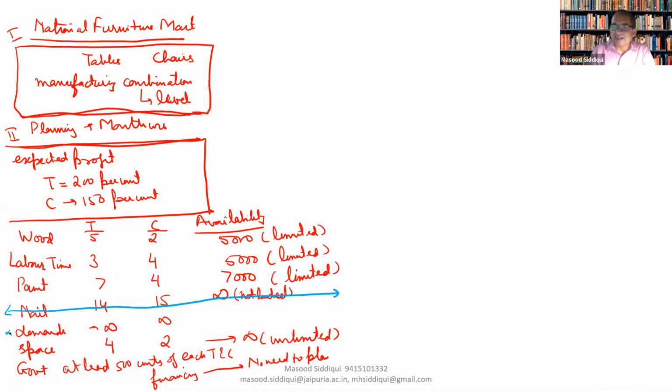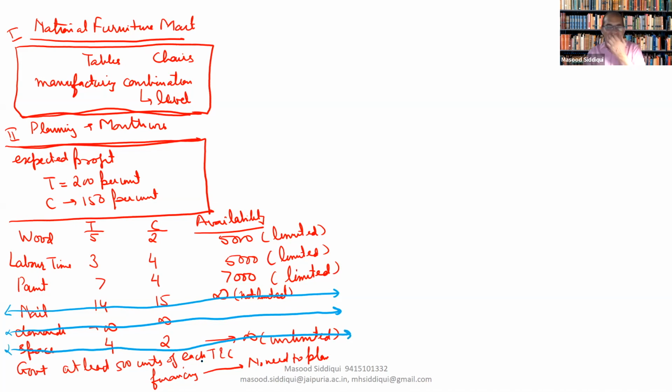Demand is again unlimited in nature, which means a sufficiently large amount of demand is there. So they don't require any planning, because here the planning is related to limited resources only. In the same manner, space is not required to be planned because, as per the situation, space is again in quite a large amount.